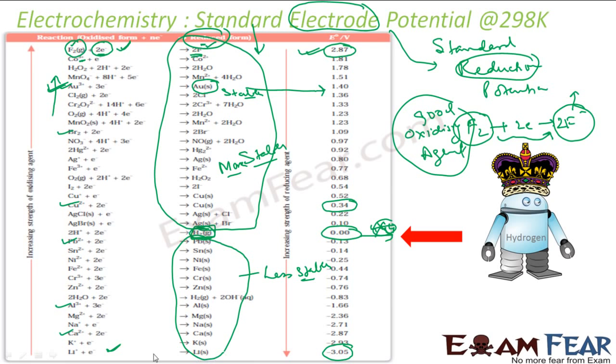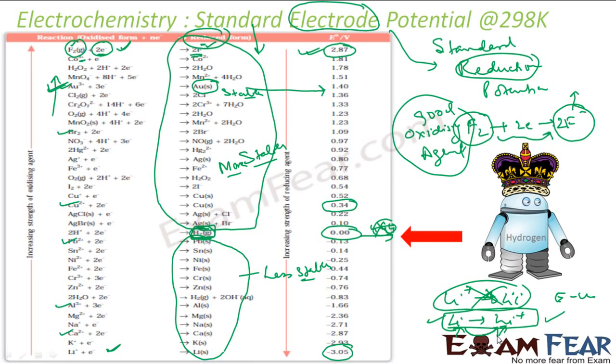Sorry, it is negative. This reaction is not favorable. So this Li plus to Li E is negative. So this reaction is not favorable. The favorable reaction will be Li to Li plus. Correct? Why is this not favorable? Because this is negative. So this is the favorable reaction. That means lithium wants to become lithium plus. Lithium oxidizes very easily.